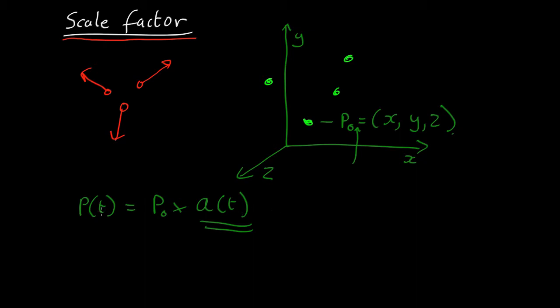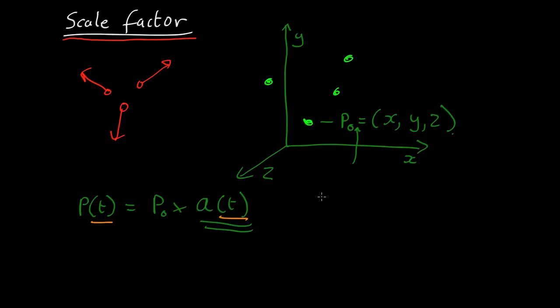So this terminology, the brackets t after it, means that this is something that depends on t. It's a function of t. So the position as a function of t equals the position right now times the scale factor, this constant a, which is also a function of t.